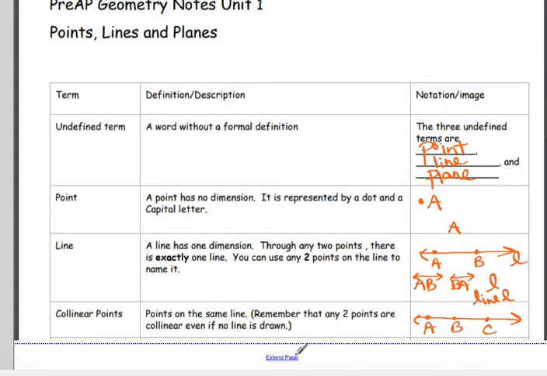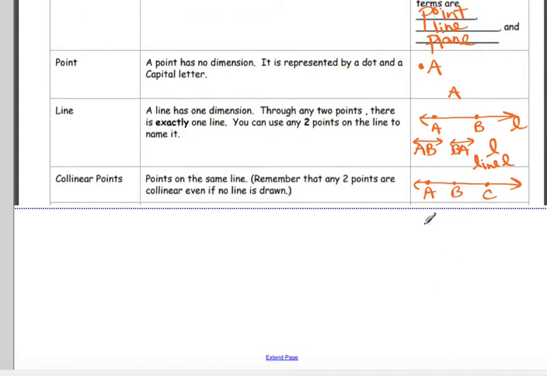They're on the same line together. So if I were to name them, I would say A, comma, B, comma, and C. And I separate them with a comma because if I didn't separate them, that would be me naming something else. Actually, it'd be a plane and not a list of points. So you do want to separate them out.